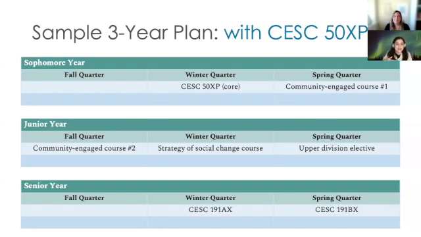And then your junior year, you could do the second community engaged course in the fall. Winter, you can do that strategy of social change course. Spring quarter, it can be your upper division elective. And for your last year, you could do that course that's required to be taken in succession, which is CESC 191AX and CESC 191BA.